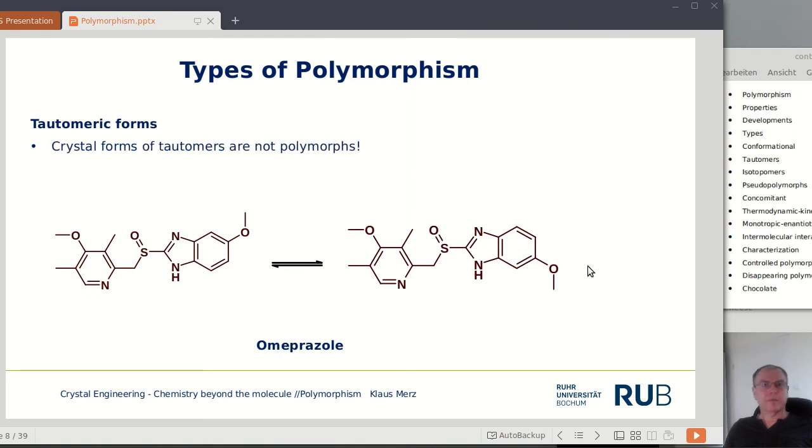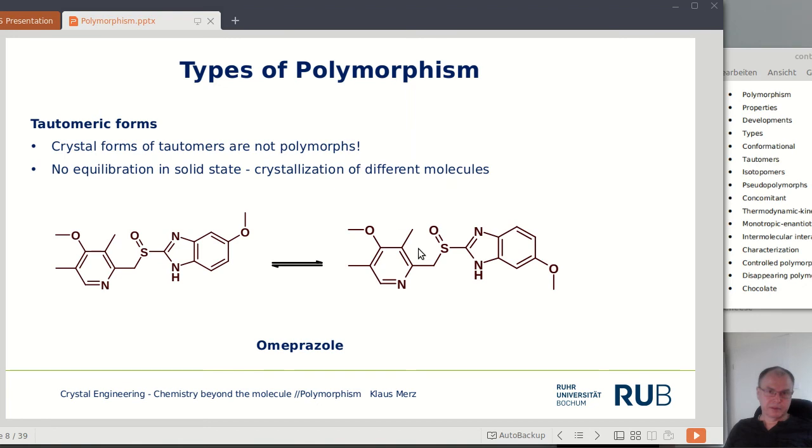But if you are looking at crystals, so molecular arrangement, talking about the solid state, it is very important to confirm that tautomers are not polymorphs, because tautomers, both compounds, are different molecules. This is one molecule, this is the second molecule. And there is no equilibration in the solid state.